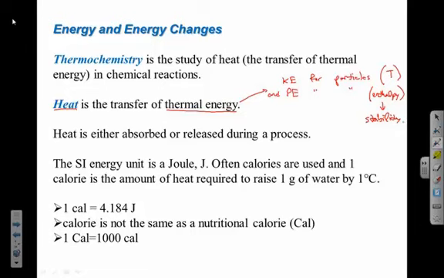Like we said, if it's unstable, it has high potential energy, or high enthalpy, which is just another word for potential energy for chemicals. So then, as we said, it's going to either be absorbed or released by the system.